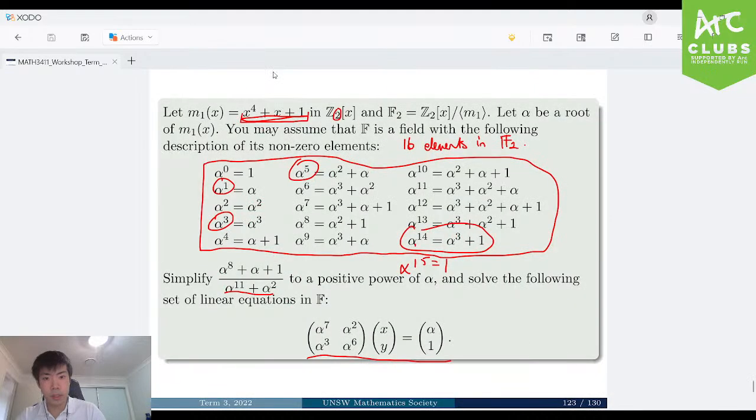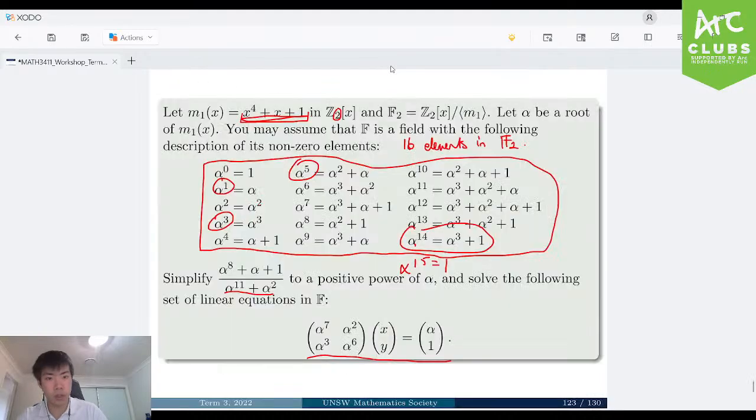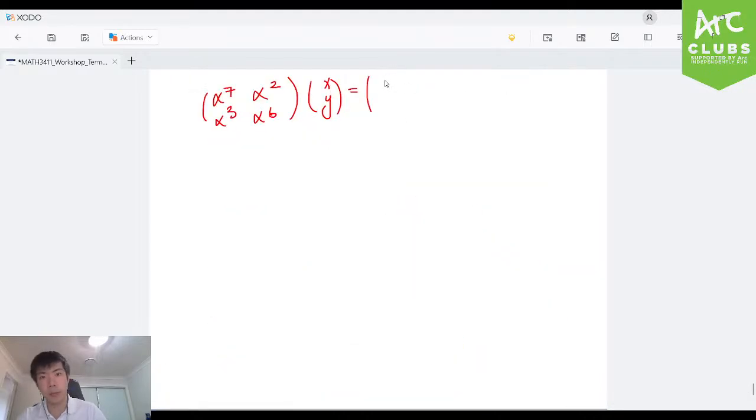This is 7236, 7236, right? Times by something equals 2. I think alpha and 1. Alpha and 1. Okay. All right.